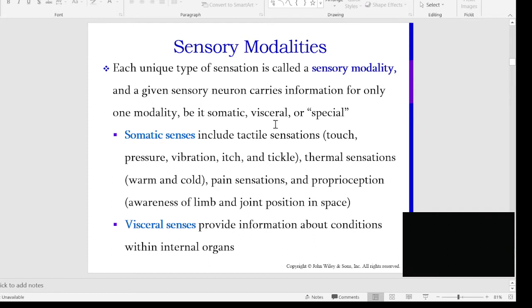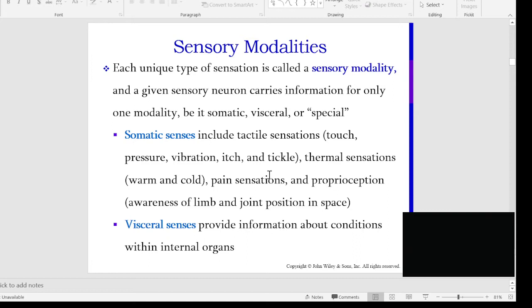We have tactile sensations such as touch, pressure, vibration, itch, and tickle. They fall under touch or tactile sensations. Then you have your thermal sensations, warm and cold. Then you have your pain. In pain sensations there are many kinds: lacerating, electric, dull. It depends. Later on, we will discuss them as we go along the course.